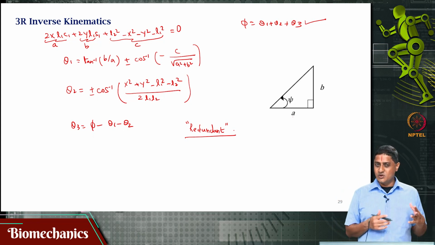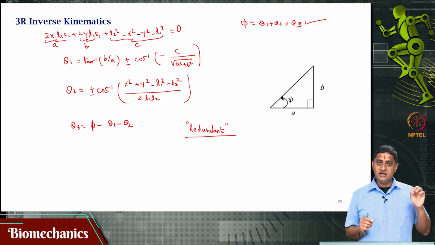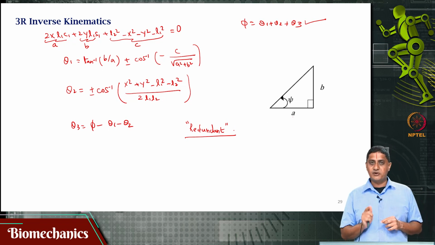That is true even in the 2R case, but in the 3R case it is super redundant, because many different configurations of the 3 links can reach a particular point.